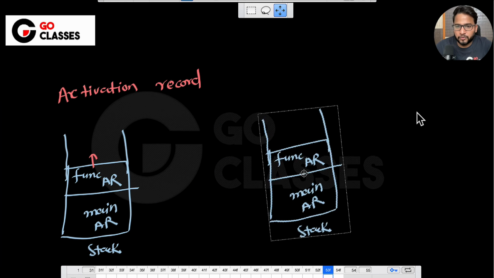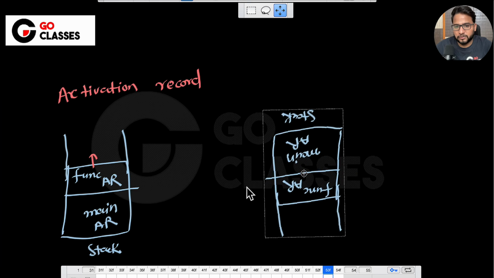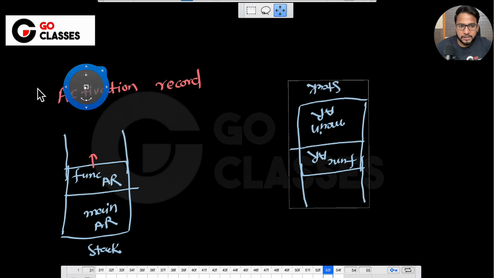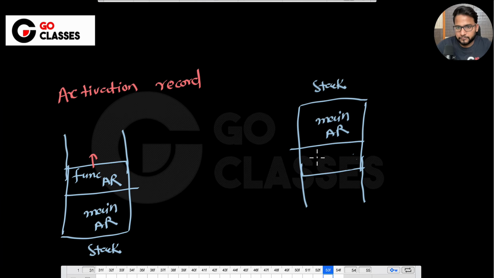See, suppose you have something like this. Your stack may be something like this also, which means in this case the stack is growing downward. So let me just rewrite it. This is the func activation record.